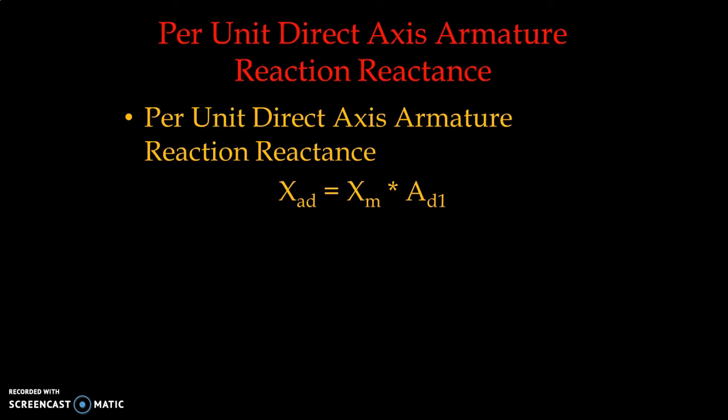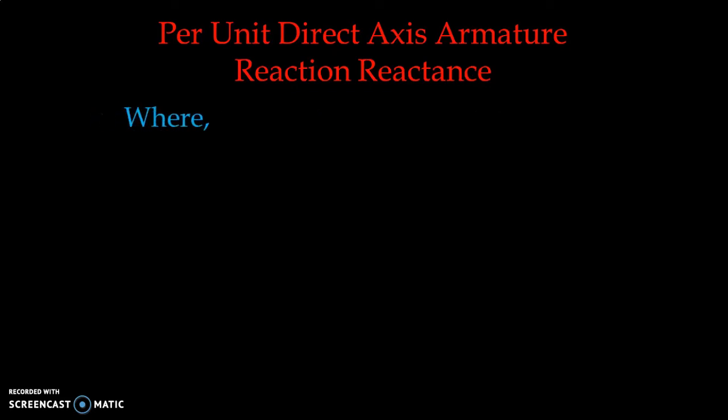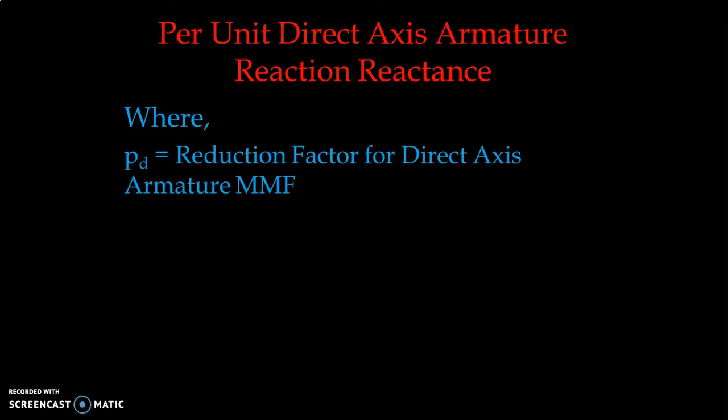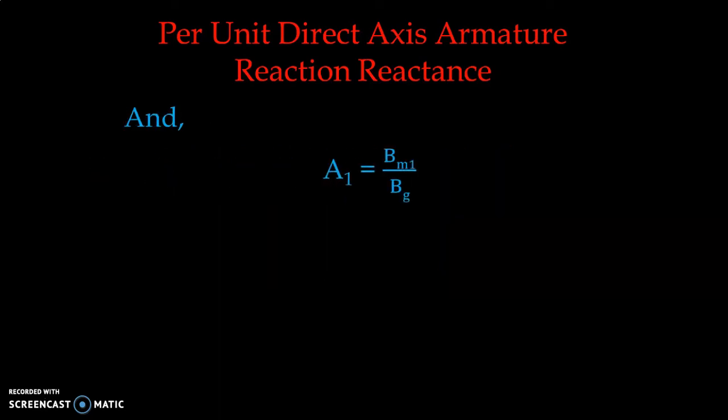So XAD is Xm, our per unit magnetizing reactance, multiplied by AD1, where AD1 is known as the flux distribution coefficient for direct axis, and it can be given as PD multiplied by A1, where PD is the reduction factor for direct axis armature magnetomotive force, given as alpha plus sine alpha divided by 4 sine alpha by 2, where alpha is the angle of span for the pole arc, and in the same way A1 is the ratio of BM1 to Bg, the gap flux density.